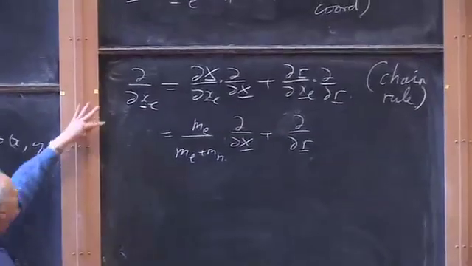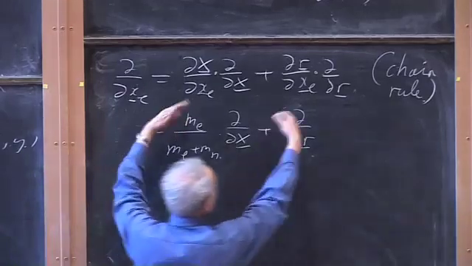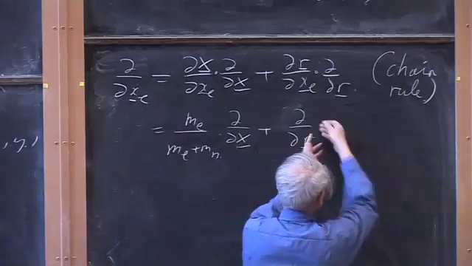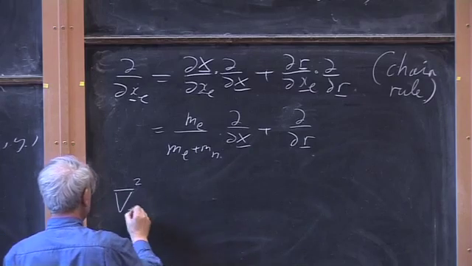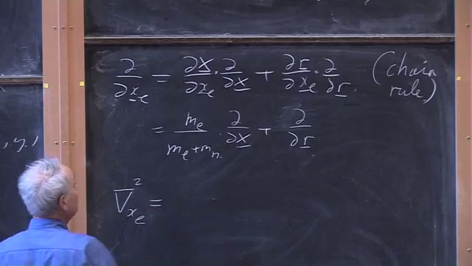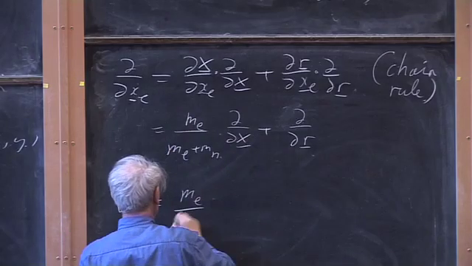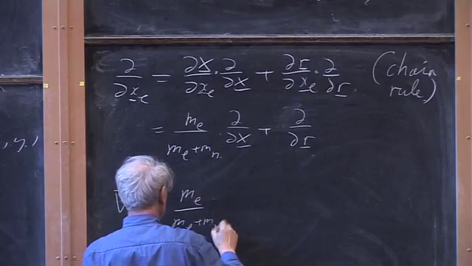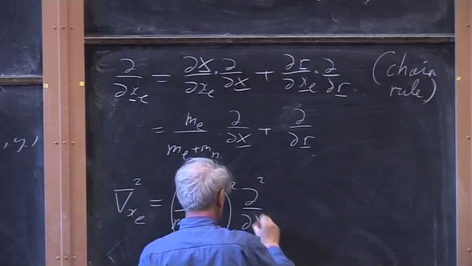We want this thing dotted into itself. So what we have to do is multiply this on itself with a dot between the 2. And what do we get? We get that del squared x sub e is equal to, we get this thing squared, of course, so we have me over me plus mn squared d2 by dX squared.